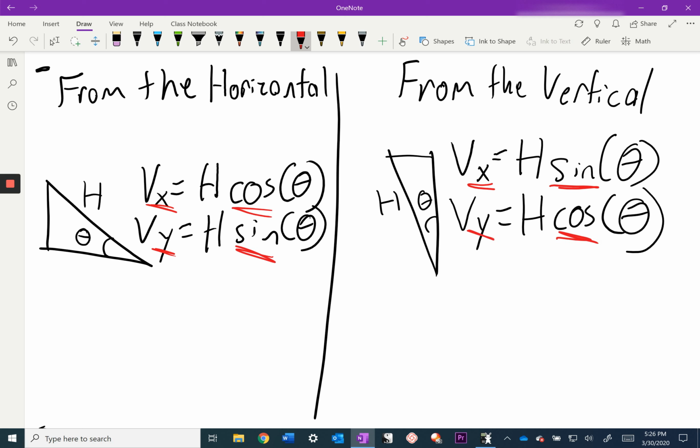What that means is that you can use these two sets of equations over here only if it's from the horizontal, and you can use these two sets of equations over here only if it's from the vertical. So you have to pay attention to which angle they're giving you. Now, what does that mean?